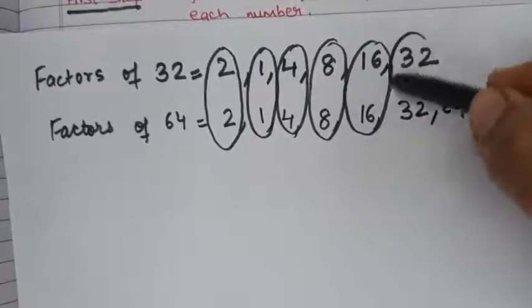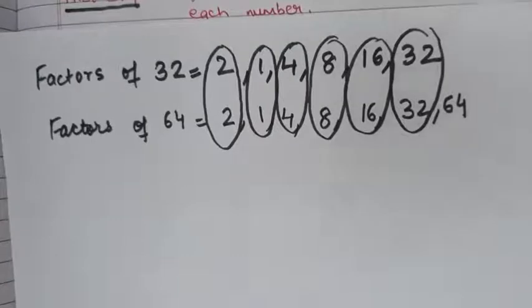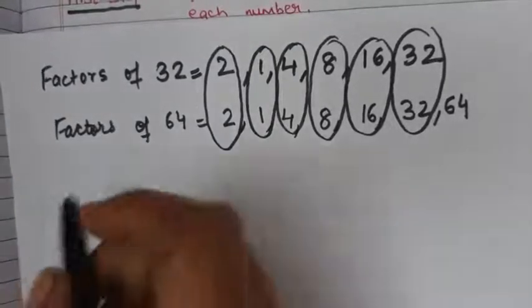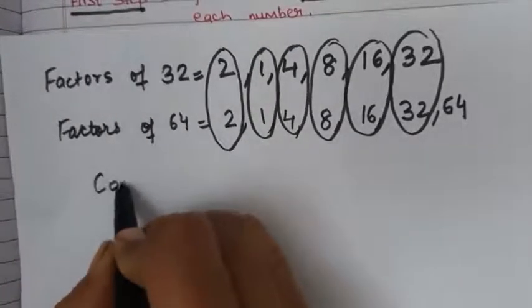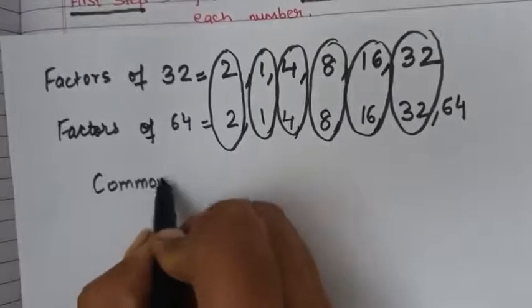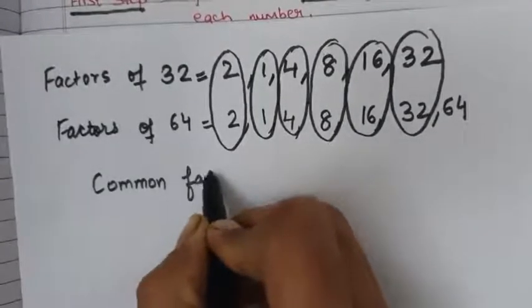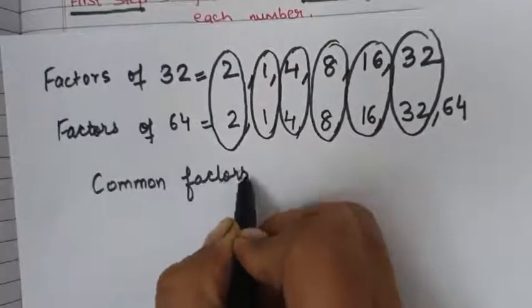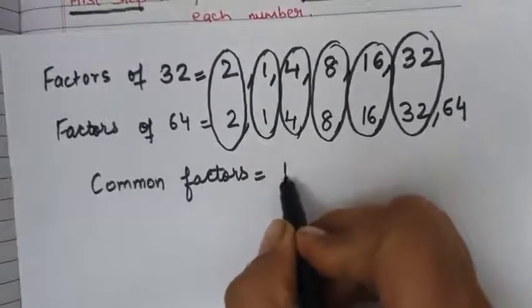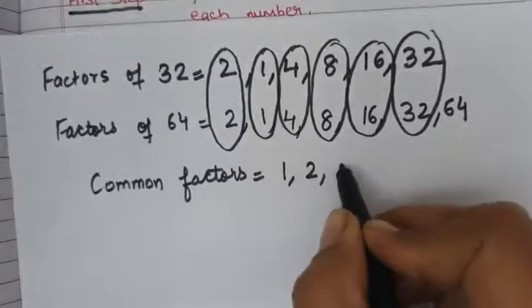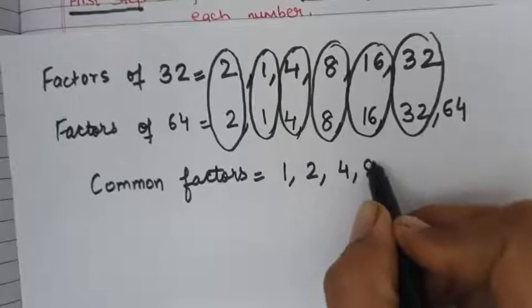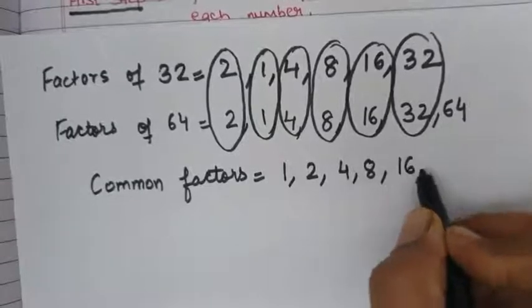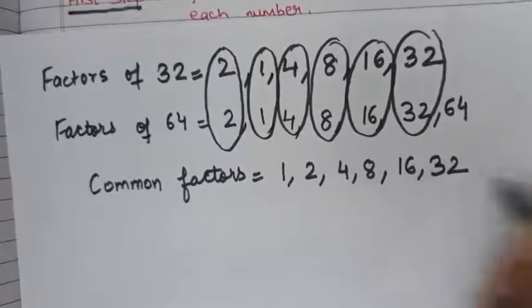Then in the last 32 is also common. So first of all, write down the common factors. That is 1, 2, 4, 8, 16 and 32.